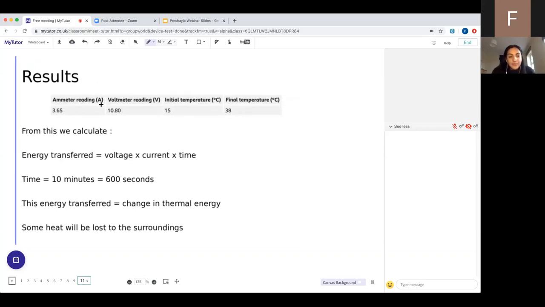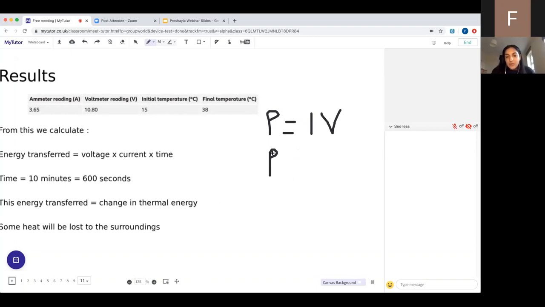So power, you may remember, is IV. Power equals current times voltage, where our current is 3.65 and our voltage is 10.8. So please, could you put your answers in the chat as to what the power would be in this experiment?